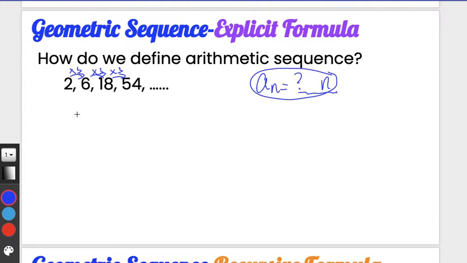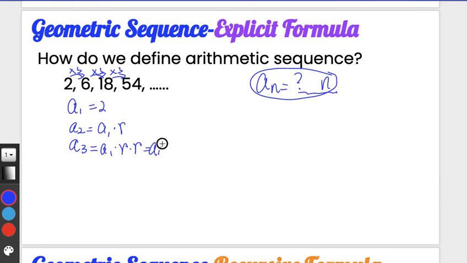In order to figure out the pattern, let's check from the first term, how do I get the next one? The next one, I'm going to use a_1 times that common ratio r, right? I multiply once, I get the next term. And then, in order to get a_3, I'm still using the first term, but this time I'm going to multiply by r to get the second, then r again to get the third.